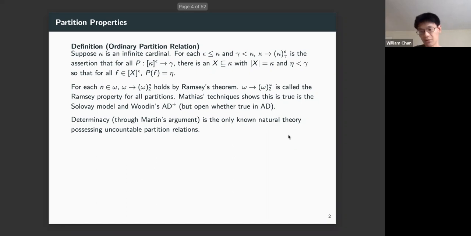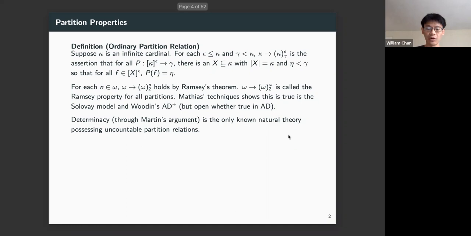This is the smallest example of a strong partition cardinal. Mathias forcing shows that the Ramsey property is consistent. It holds in the Solovay model, and the same sort of technique can be used to show, using infinity Borel codes, that it holds in Woodin's theory AD+. But it is open whether the Ramsey property is true under just AD.